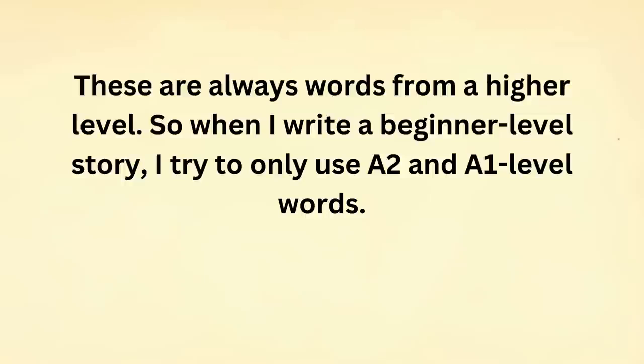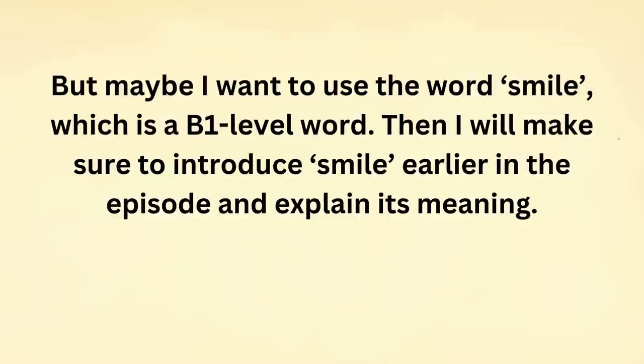These are always words from a higher level, so when I write a beginner level story, I try to only use A2 and A1 level words. But maybe I want to use the word smile, which is a B1 level word. Then I will make sure to introduce smile earlier in the episode and explain its meaning.